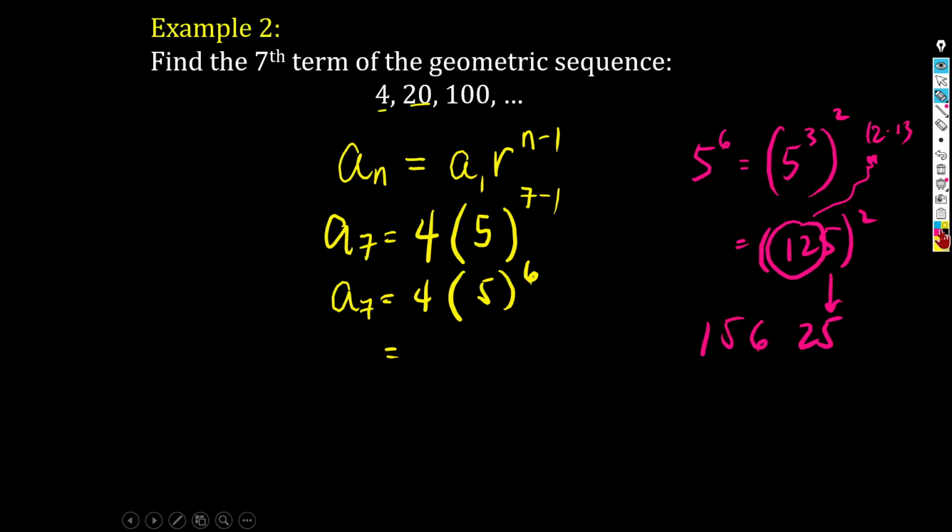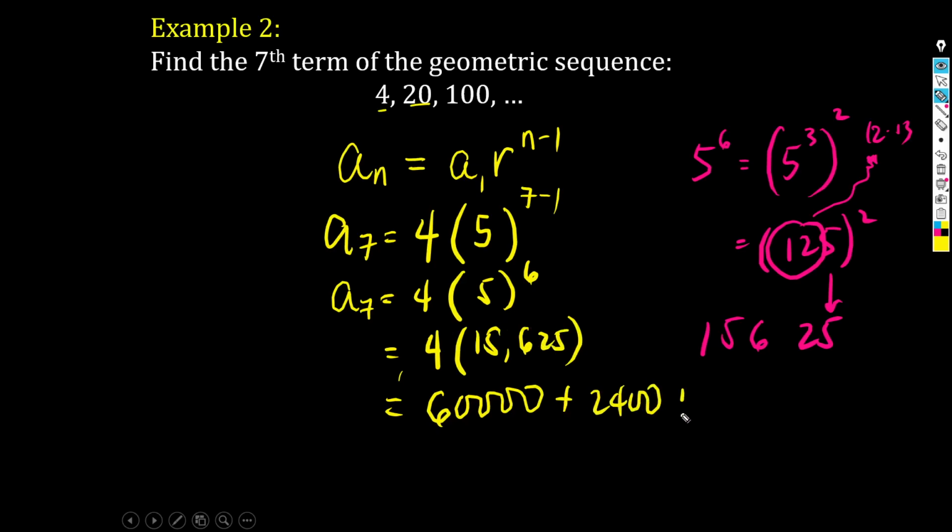So I go back to my solutions. I multiply 4 by 15,625. Kaya pa yung mental math to. 4 times 15,000, that's 60,000. Plus apat na 600, that's 2,400, plus apat na 25, 100.